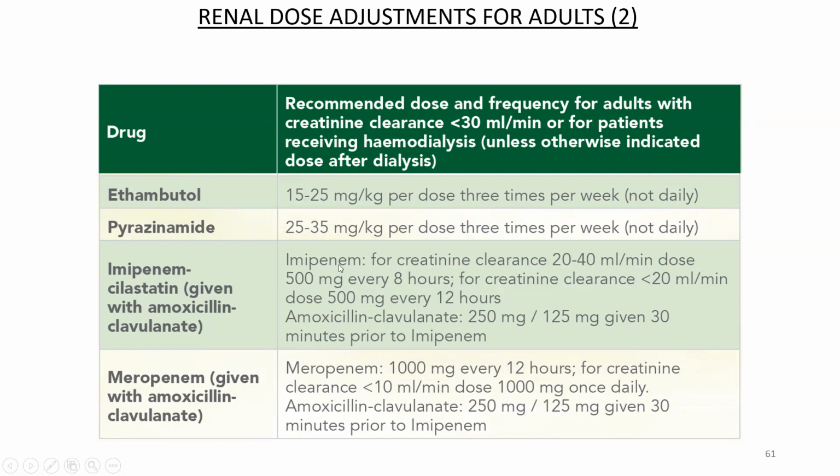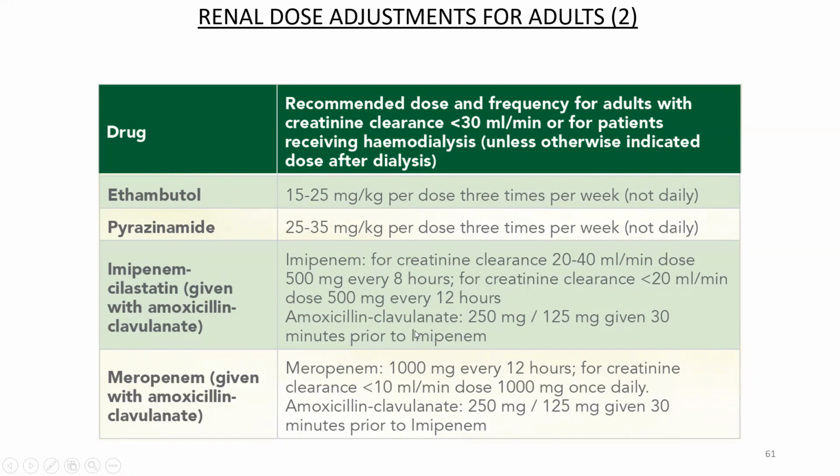You remember, imipenem has to go together with amoxicillin-clavulanate. So amoxicillin-clavulanate 250 over 125 is given 30 minutes prior to imipenem. The adjustment for imipenem will depend on the creatinine clearance level. Whereas meropenem, also given with amoxicillin-clavulanate, is 1,000 milligrams every 12 hours for creatinine clearance that is less than 30.